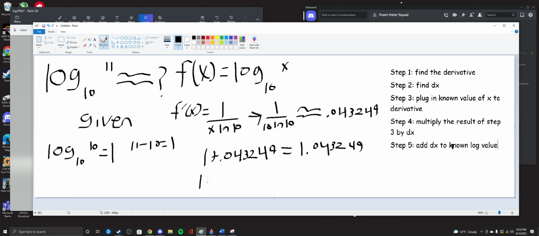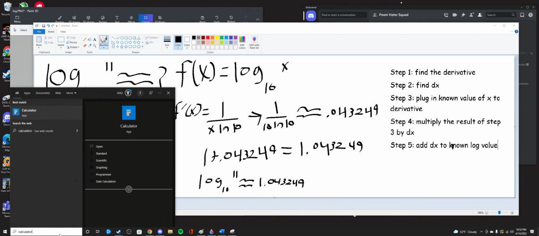After we do this, we can say log base 10 of 11 is approximately equal to 1.043249. Now, this is linear approximation, so obviously it's not entirely correct.